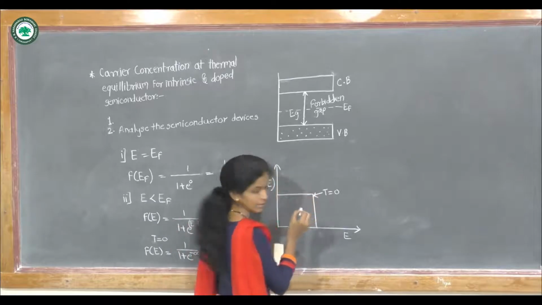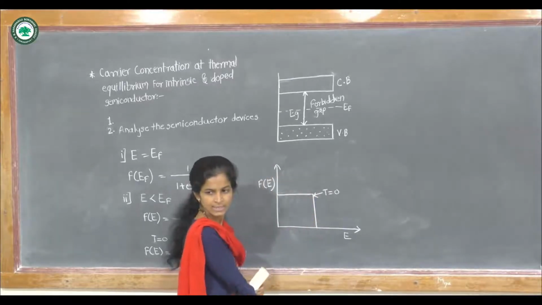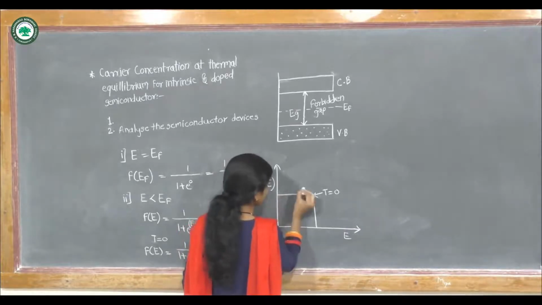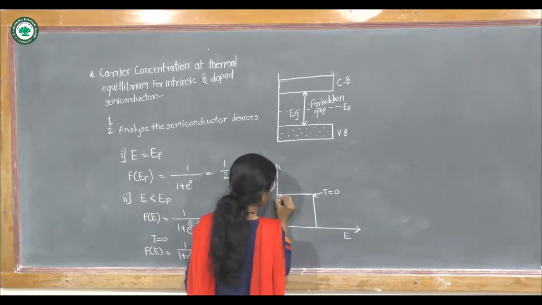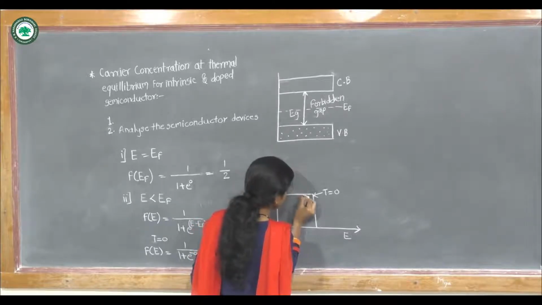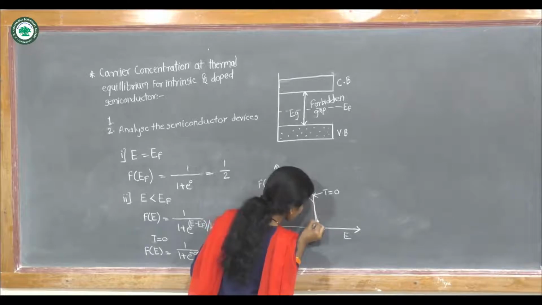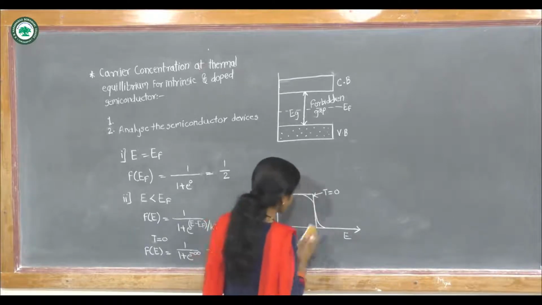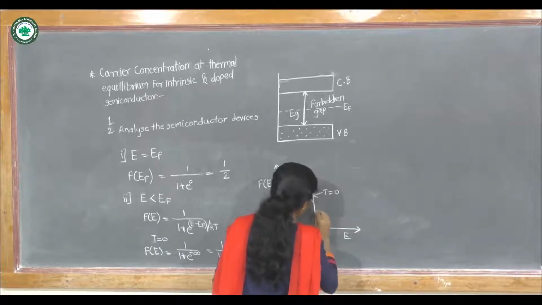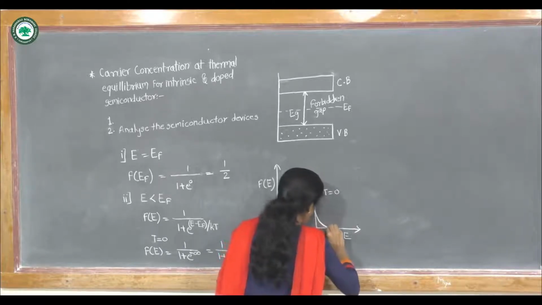If the temperature is at T equal to T1, there will be some change in the Fermi distribution function as a function of energy.